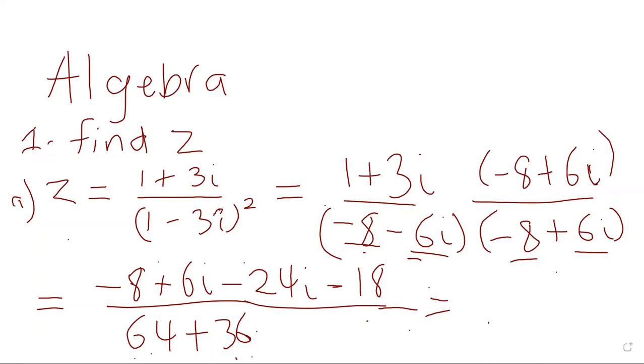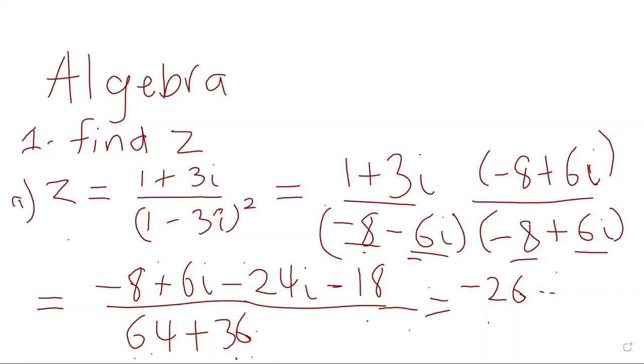So for the real part, we have minus 18 minus 8. So that's minus 26. And then we have 6i minus 24i.